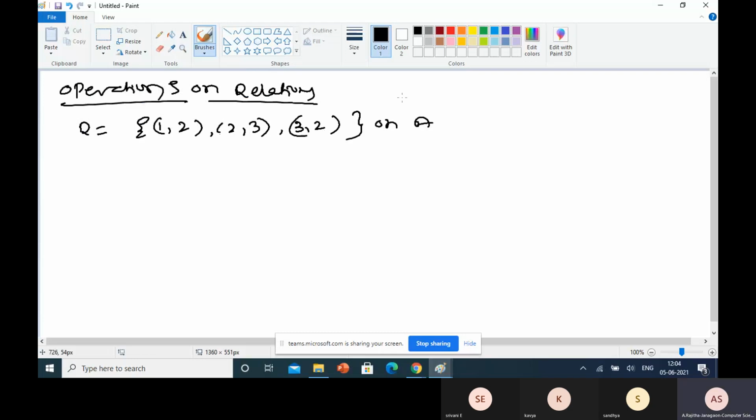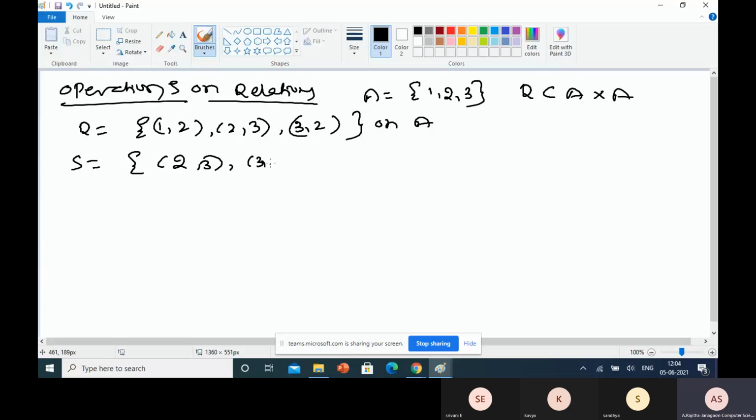Here A is a set that contains 3 elements, 1, 2, 3 only, and S is some set. So R is a subset of A cross A. S contains (2, 3) and (3, 3). So this is also on A. So here S is also a subset of A cross A.